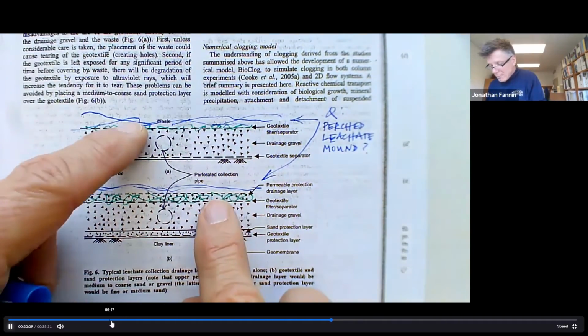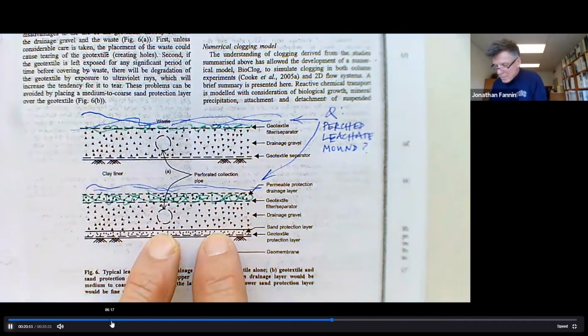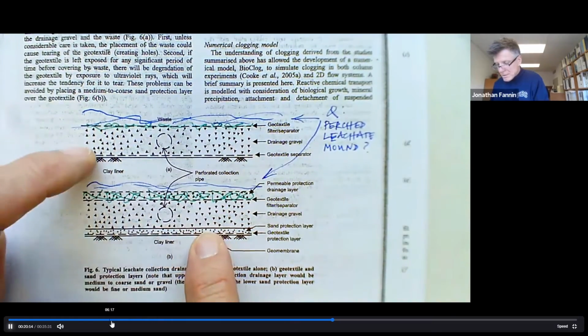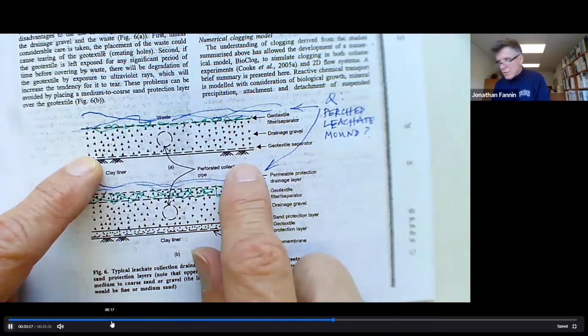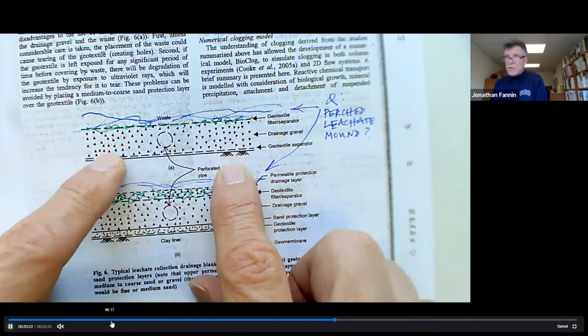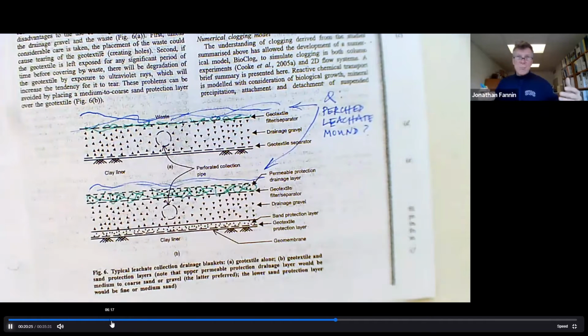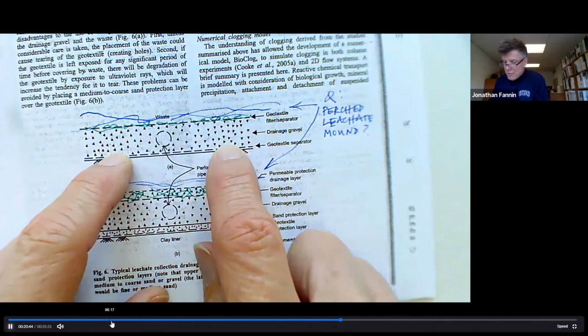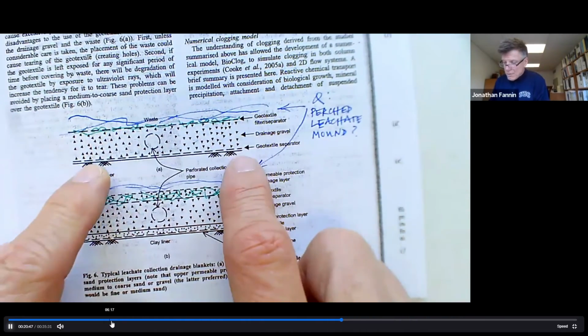But if that's happening and it's not mounding on top of the barrier system itself, then you avoid the undesirable consequences of the leachate mounding directly on top of the barrier, which can include elevating temperatures and greater hydraulic gradients across the barrier and greater gradients of concentration of chemical constituents. So your advective flow and your diffusive flow is greater with the mounding directly on the barrier.